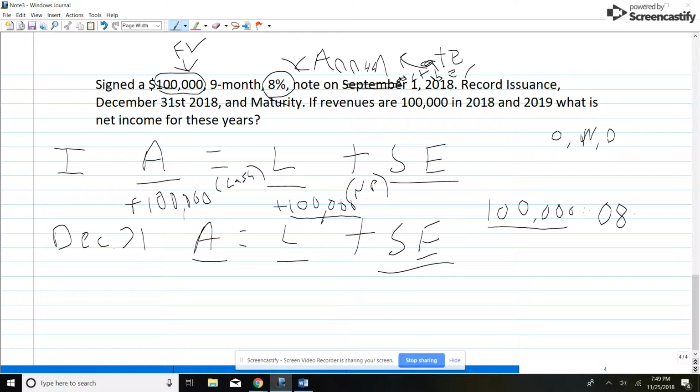So the 100,000 face value, we're going to multiply that by the 8%, which is over here on the right, and then multiply it by the period of time it was outstanding during the year, so divided by 12. It's October, November, December, which is 3 months, because we signed at the beginning of October and it lasted through the end of December.